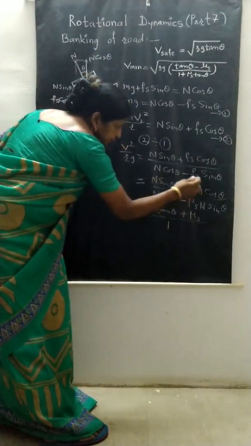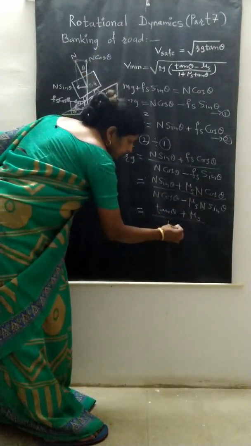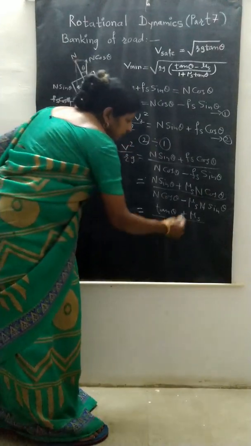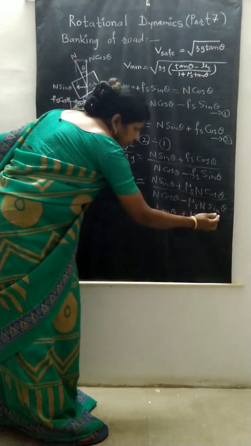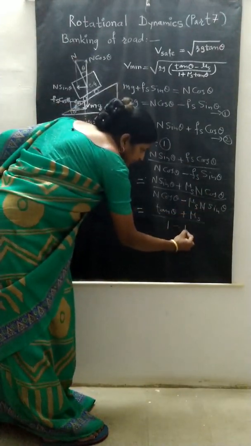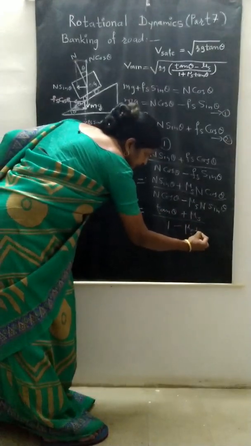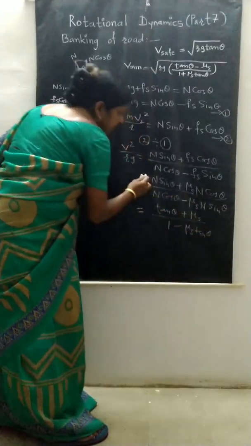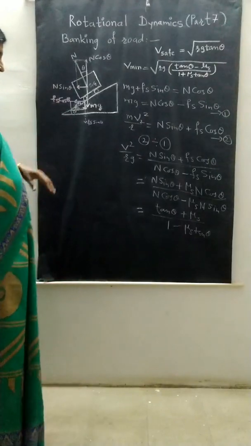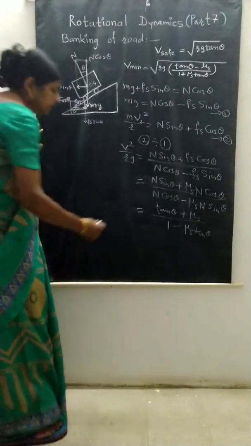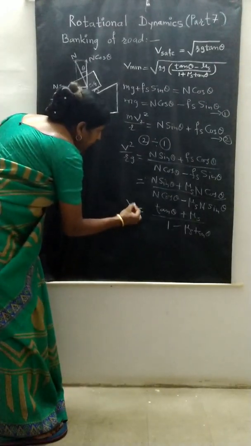N cancels in the numerator and denominator. So 1 minus, now sin theta upon cos theta is tan theta, mu s tan theta. N is common and it will cancel in numerator and denominator. So this is the equation for V.